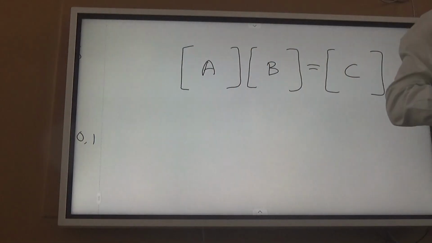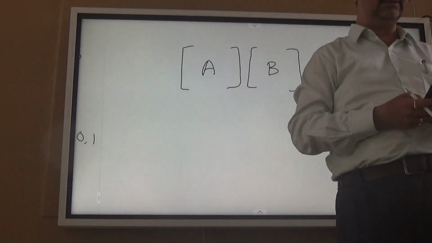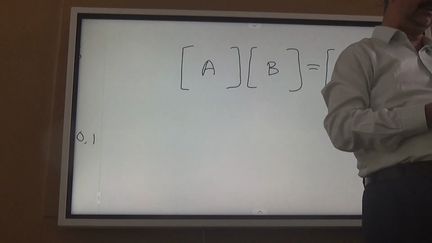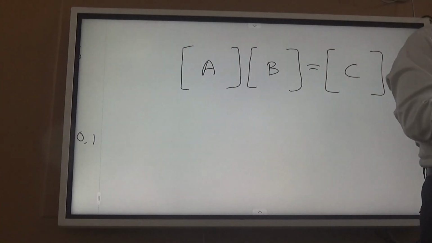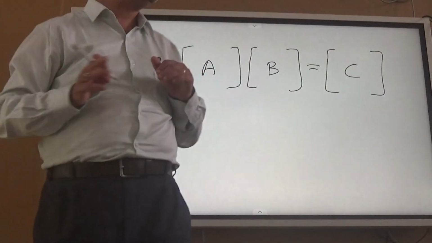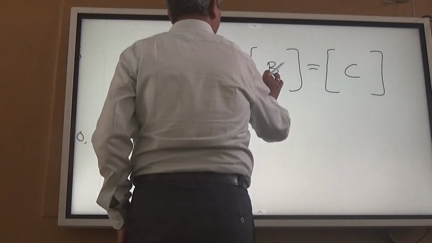A into B, A is a 2x2 matrix, B is a 2x2 matrix. We can multiply them and the resultant is 2x2, right? Can we write it like this?